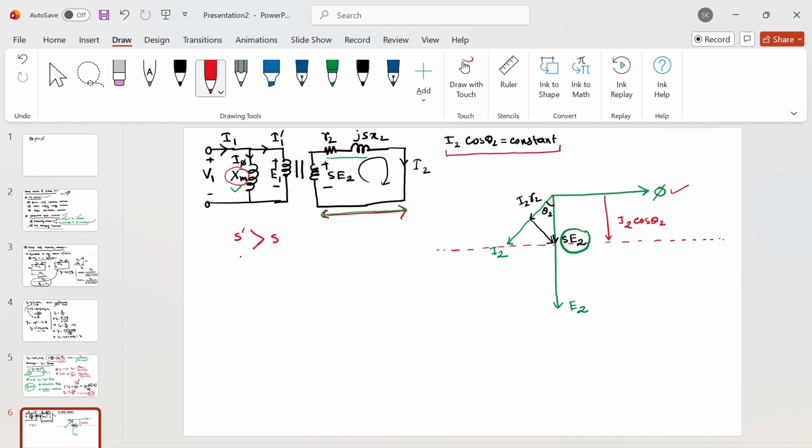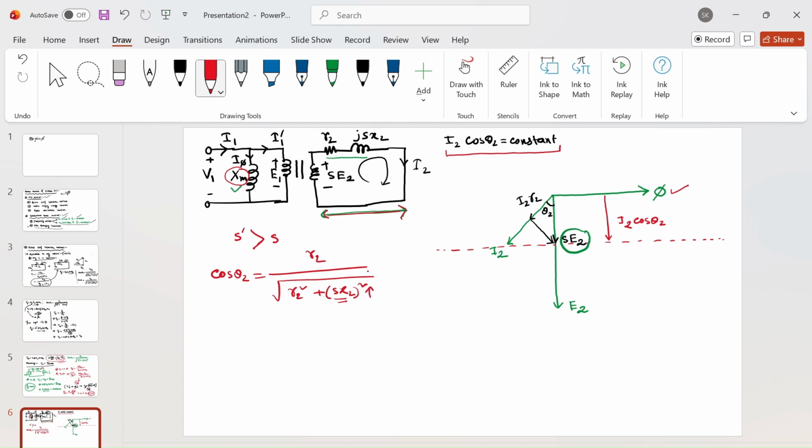Okay, now tell me one thing, what was the cos theta 2, the rotor power factor? That was R2 divided by the square root of R2 squared plus S X2 whole squared. If your S prime is increasing, so here let's say this was the slip times X2, this particular quantity will also increase.